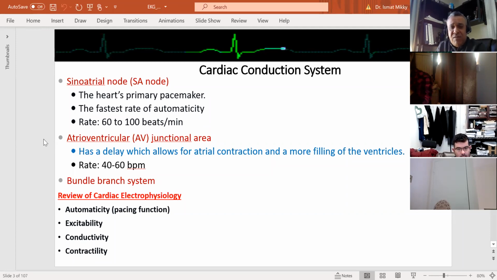Any cell outside of these cells, or these components of the conduction system, is going to be called an ectopic focus. You will get to this one in OB when you get to ectopic pregnancy.